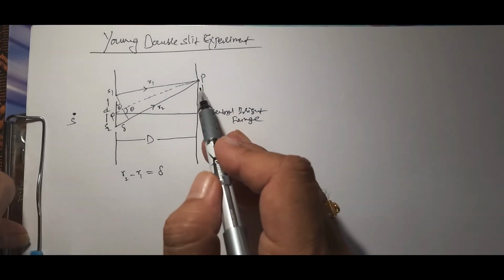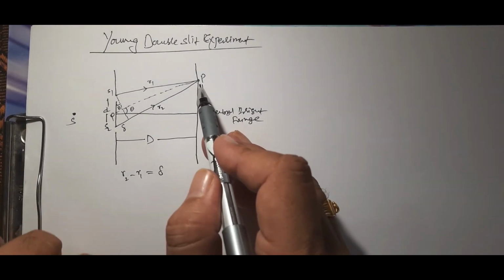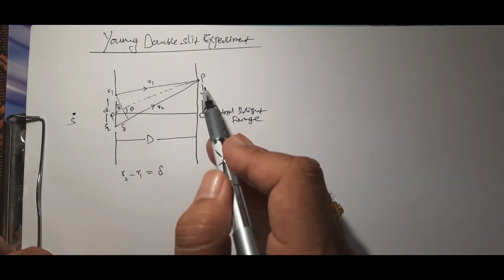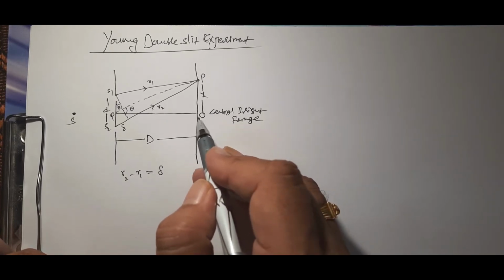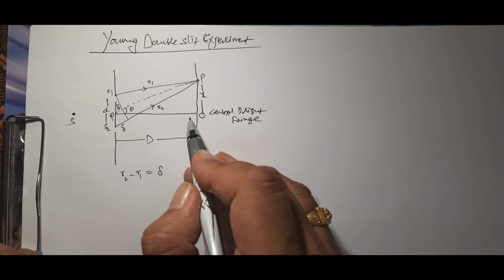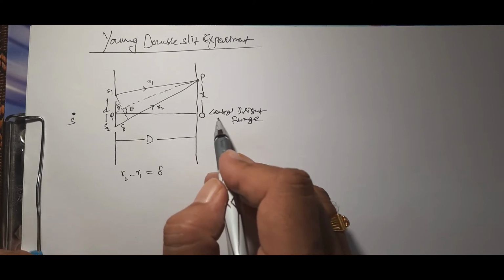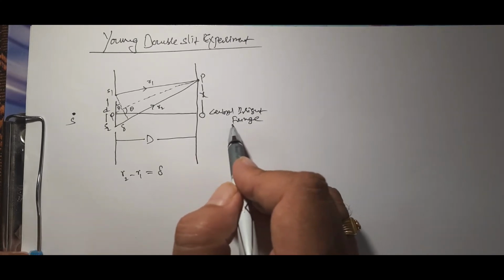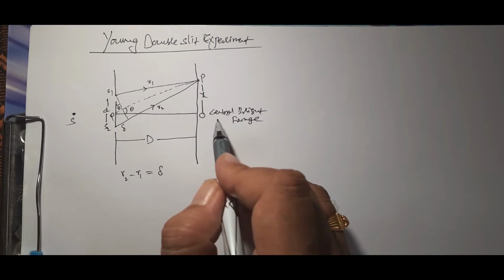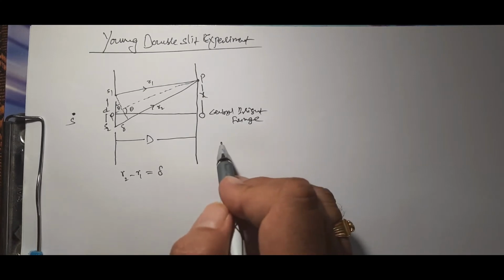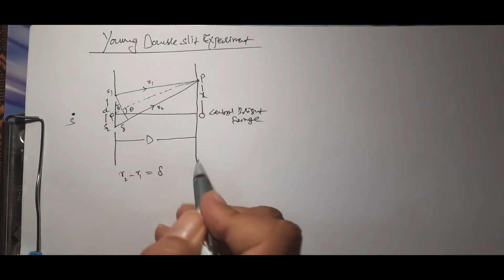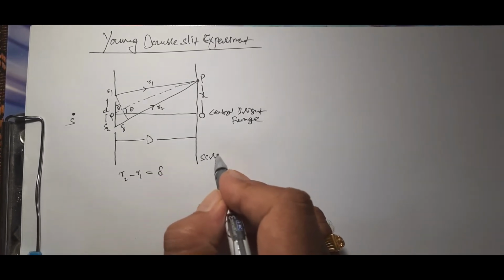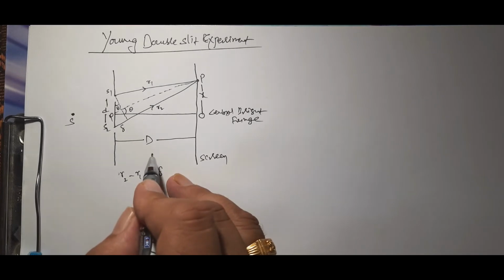At point P, a dark or bright band is formed, which is at a distance x from the center of the screen. At the center of the screen, there is always a bright fringe, called the central bright fringe. The distance between the slits and the screen is capital D.